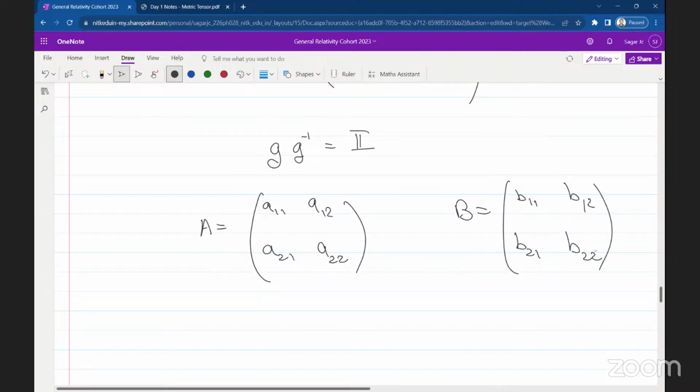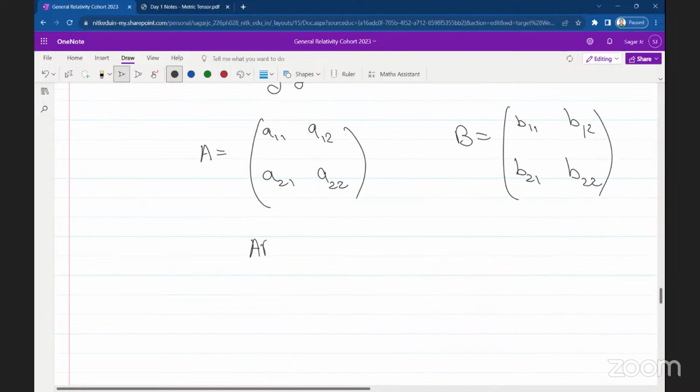Now what is AB? AB is A11 B11 plus A12 B21. This is the matrix multiplication I'm doing.